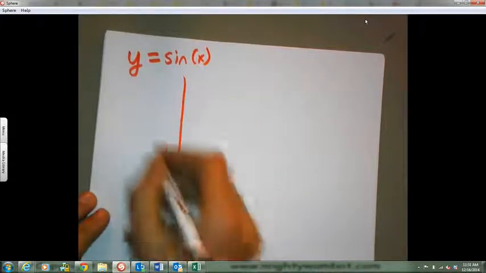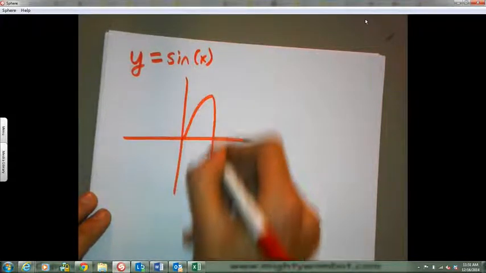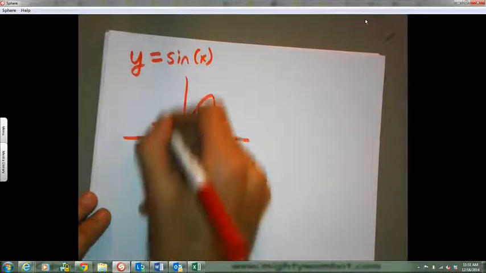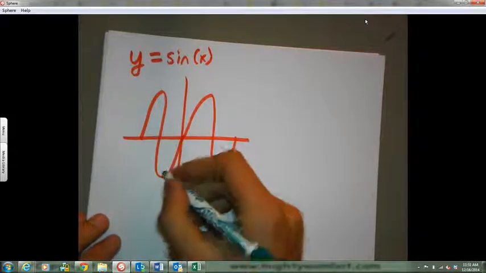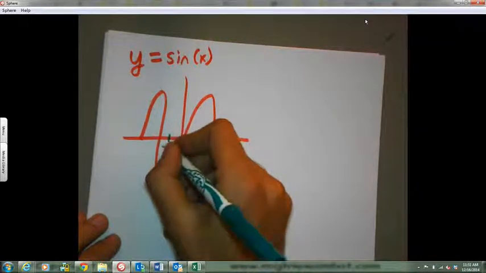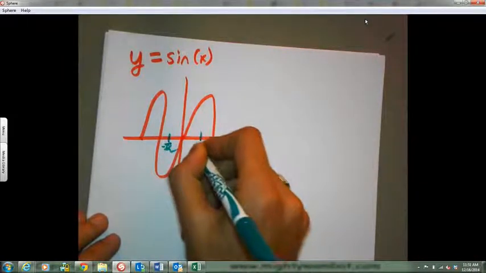So we've drawn this graph several times in the past. And we said on Friday that the sine graph really matters from negative pi over 2 to pi over 2 when we're talking about domain restrictions.